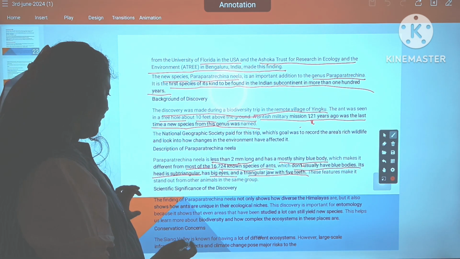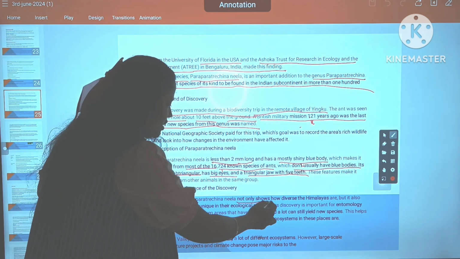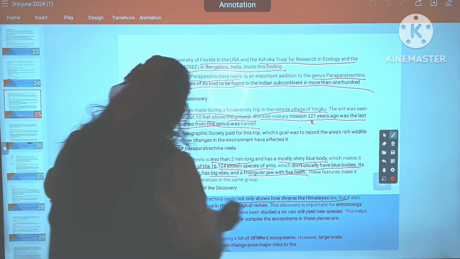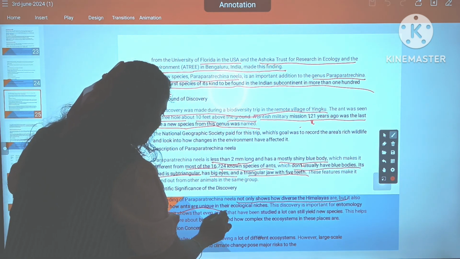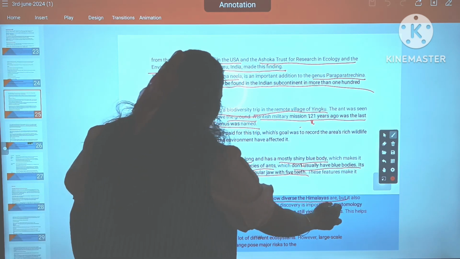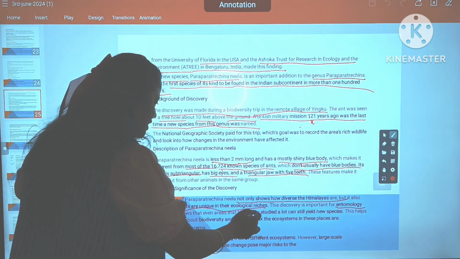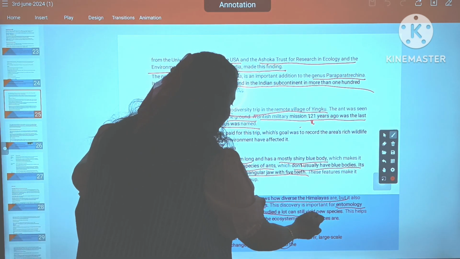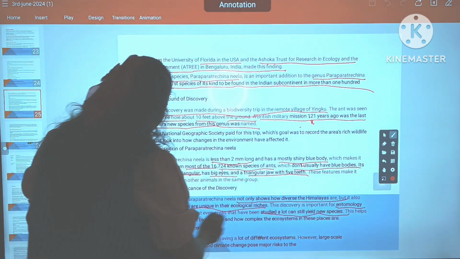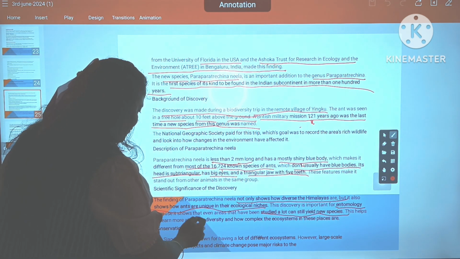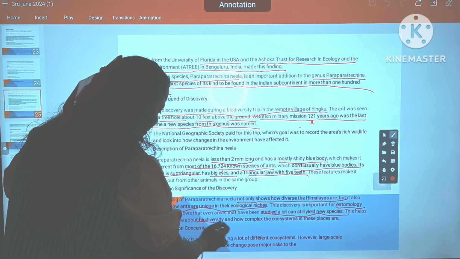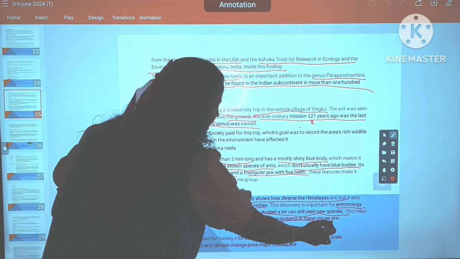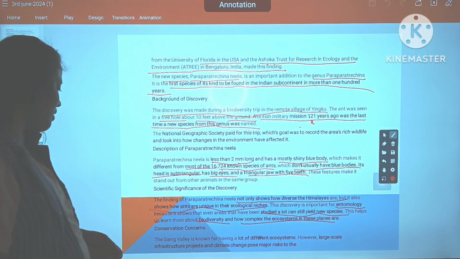Okay. The discovery not only shows how diverse the Himalayas are, but how unique ants are in their ecological niches. It is important for entomology. It can be studied a lot and can yield new species. We can learn more about biodiversity and how complex the ecosystem is.